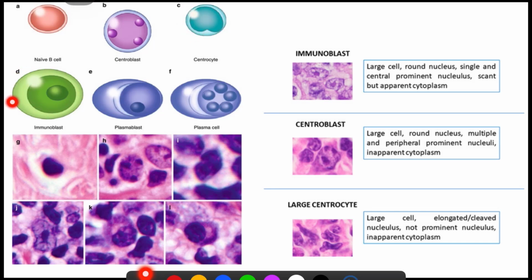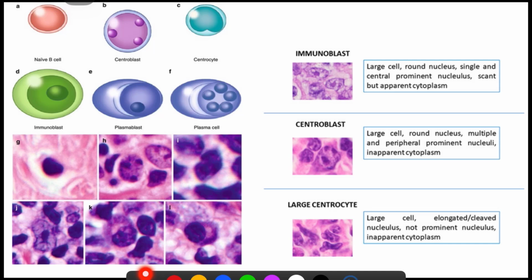Immunoblasts are large cells with a prominent single centrally placed nucleolus. Plasmablast is a large cell with prominent nucleoli, and plasma cell has a cartwheel appearance of the nucleus, with a perinuclear hof. So here you can see this is the perinuclear hof and the cartwheel appearance of the nucleus of plasma cells. These are the centrocytes, which have cleaved nuclei.